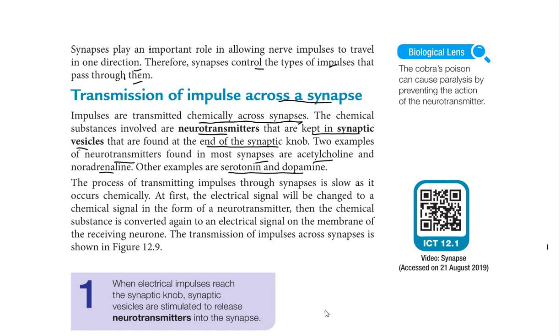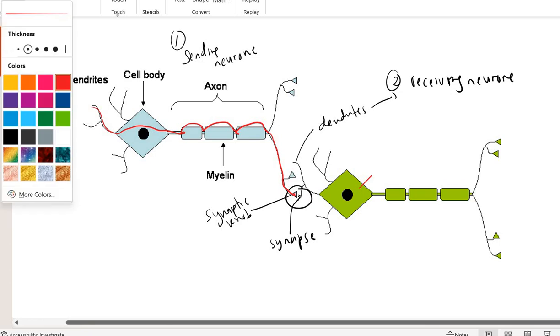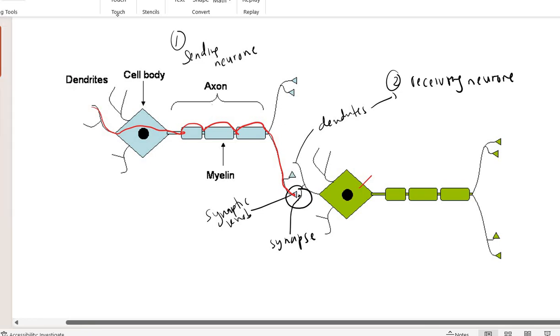Let's go back to this one first. The impulse that flows inside here, the red color here, is in the form of an electrical signal.